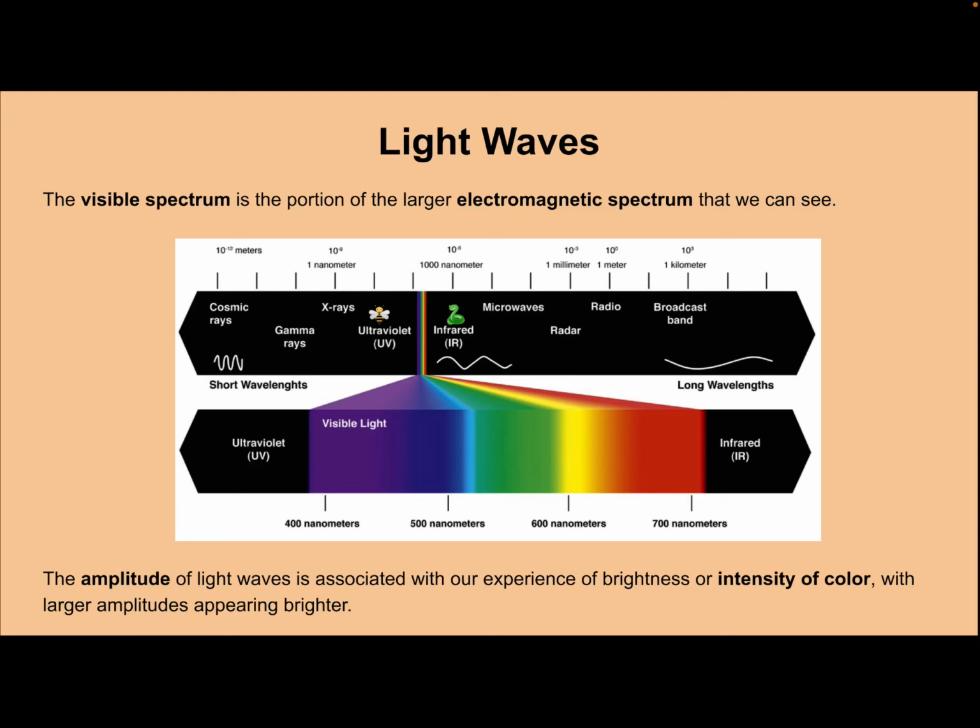That's the only portion of the electromagnetic spectrum that human beings can see. And then it's split up into colors, right? The shortest wavelengths are purple, moving on to blue, green, yellow, orange, and red. The longest ones are red.